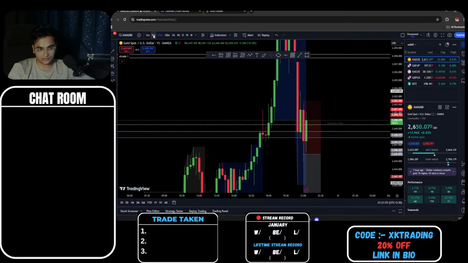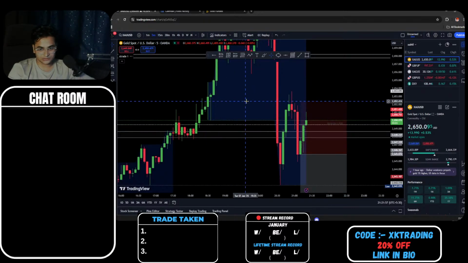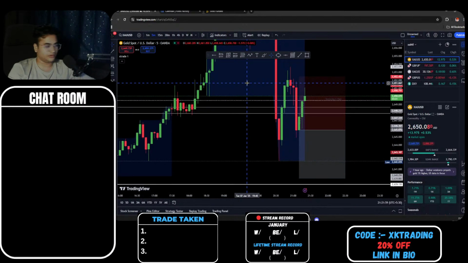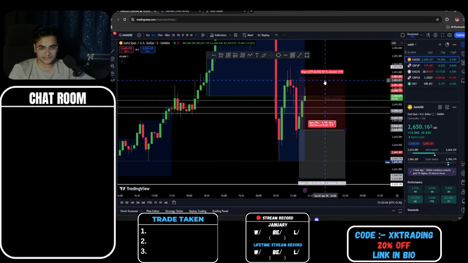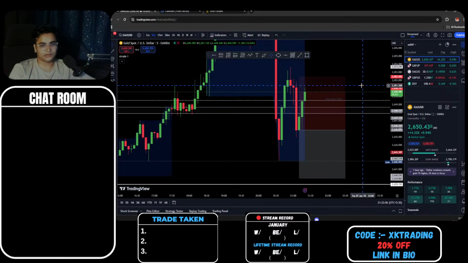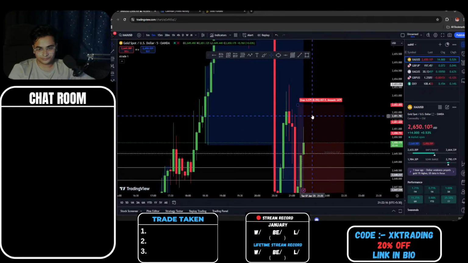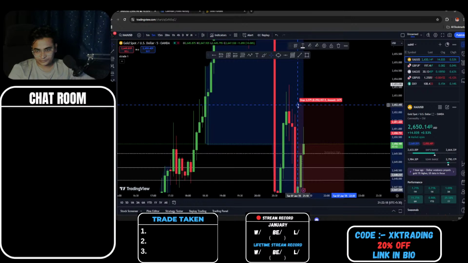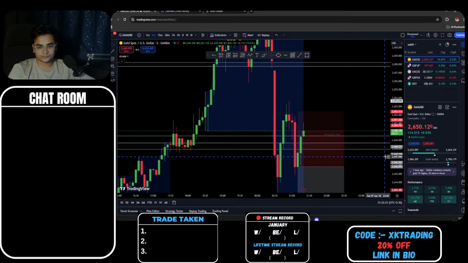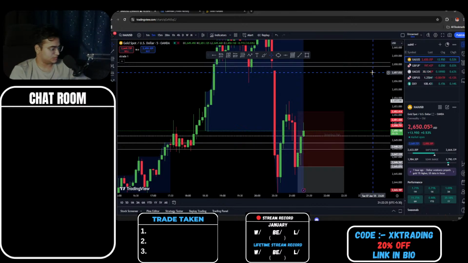Let's see, we have 8 minutes to see if this price will move in our favor or not. So there you go, we have changed our SL at this point. I feel that there's no coming back.